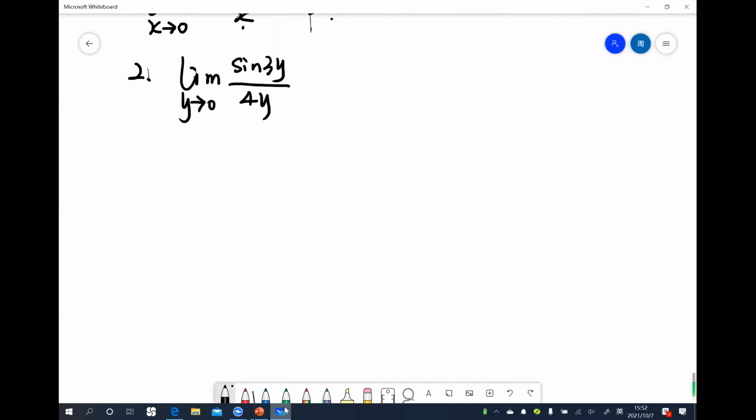So the formula you should always remember here. If I want to use the general formula, that is sine, these 3 parts should be the same. Then the limit is 1 here.